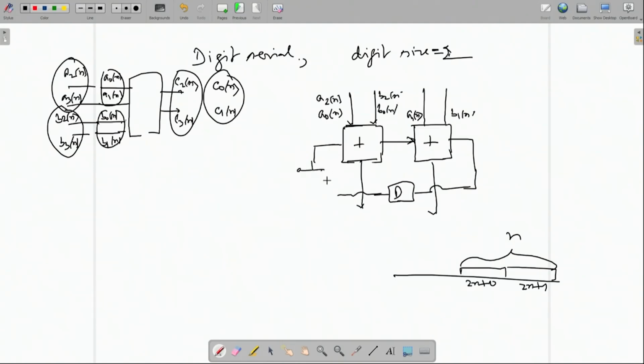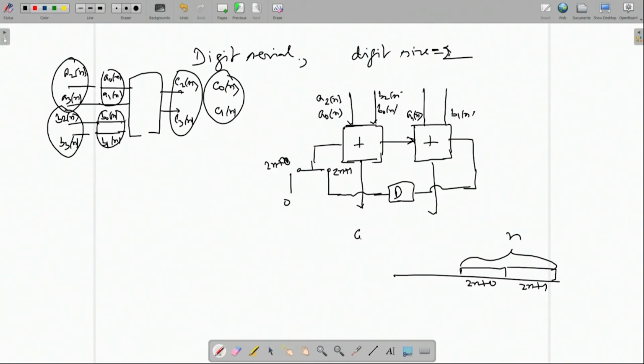There is a switch, initial carry was 0. So, it will move here at the 2n plus 0 cycle. It will take initial carry as 0, the new carry goes in here, then carry stored. Next cycle at 2n plus 1, this previous carry will be in, that time A2n plus B2n and that carry will be added, new result.